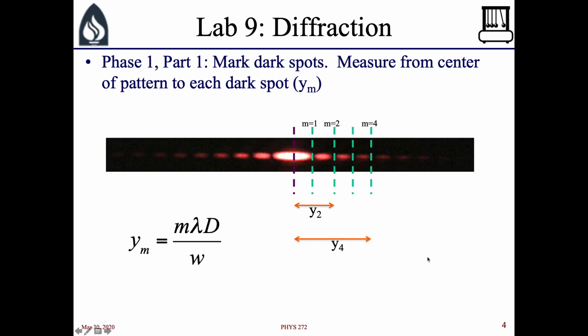By varying the slit width, we're verifying the relationship between y and w, so that if we make a plot of y, the distance from the center of the pattern out to the m equals 5 dark spot, and 1 over w, we should see that the slope is equal to m times lambda times d.